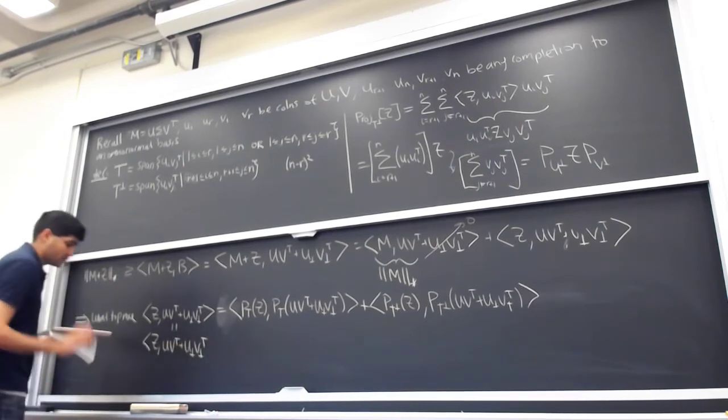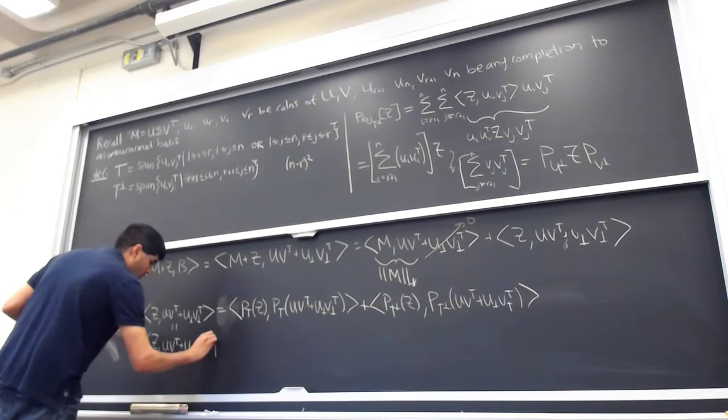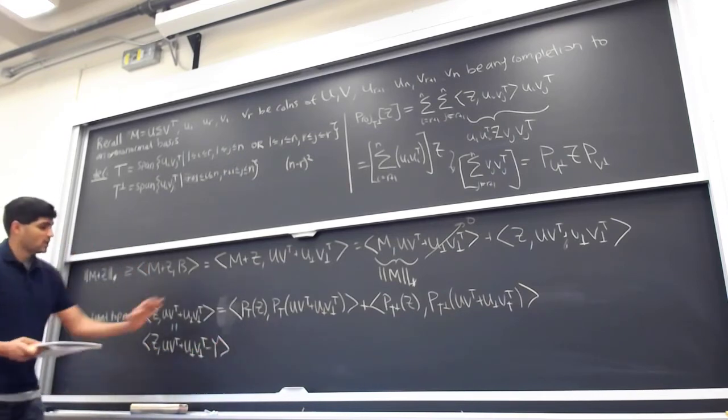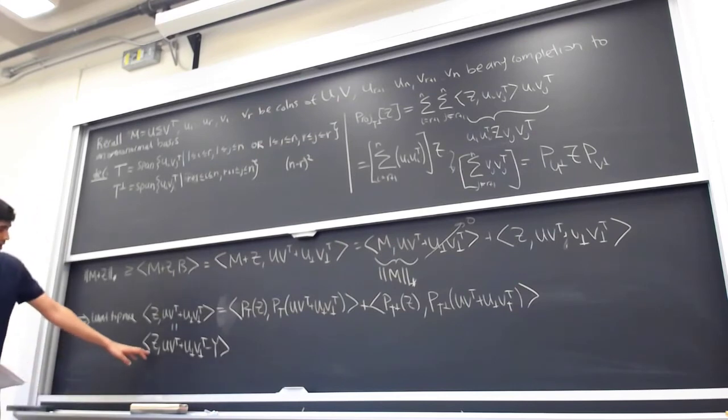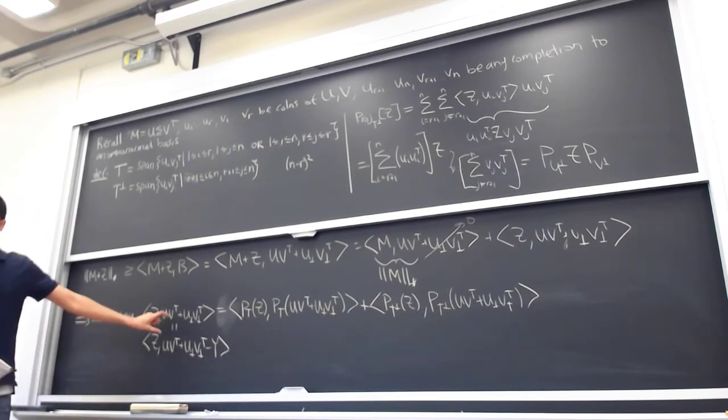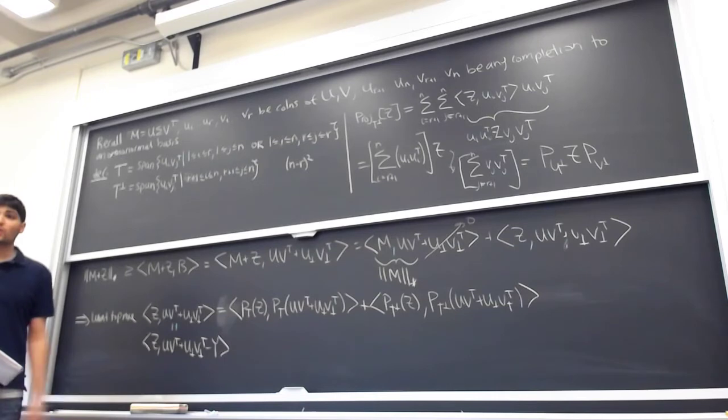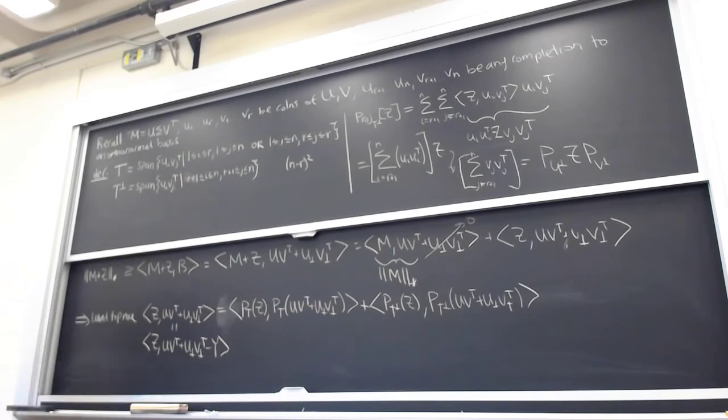Let me make one change to make the algebra a bit simpler. Forget this part for right now; we're going to come back to it in a second. One thing I claim is that these two inner products are equal. Can anyone tell me why that's true? Z is supported in the complement of Omega, and Y is supported in Omega.